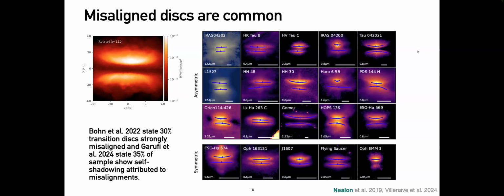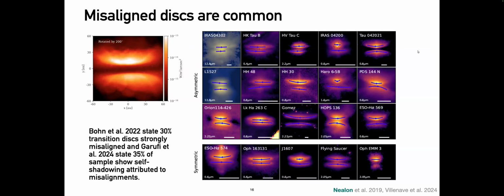And so the implication from this work was that up to 75% of protoplanetary disks may actually show evidence of a small warp. 75% is too high to be attributable to something like the presence of unknown binaries or something like that. This is really down to the disk structure that we're getting at.